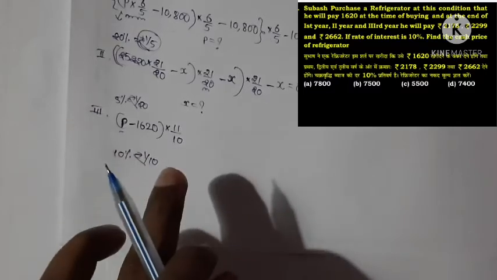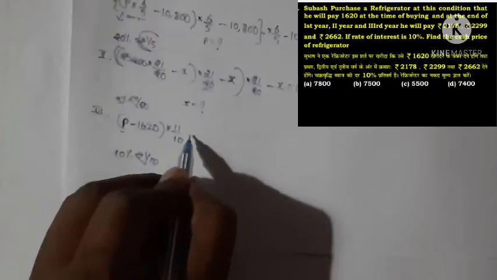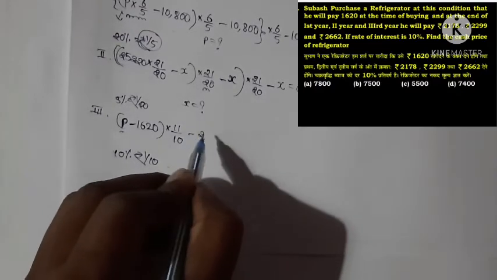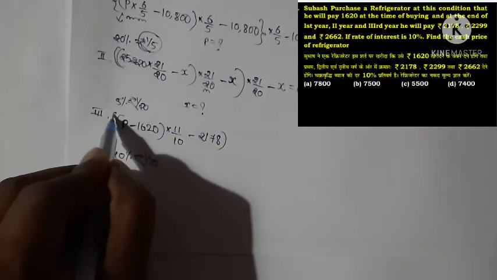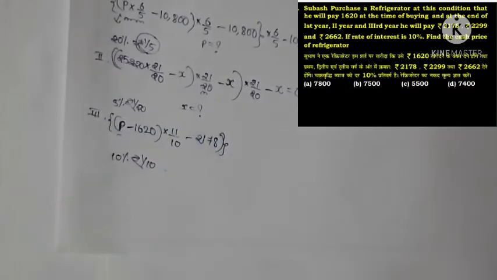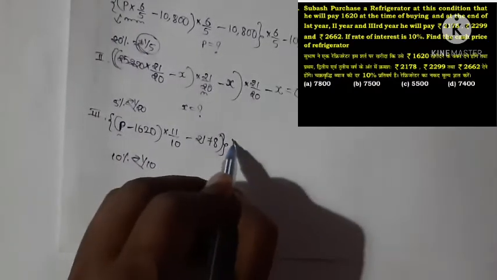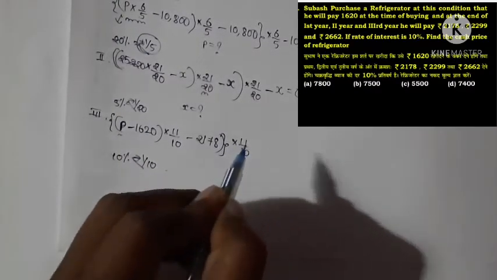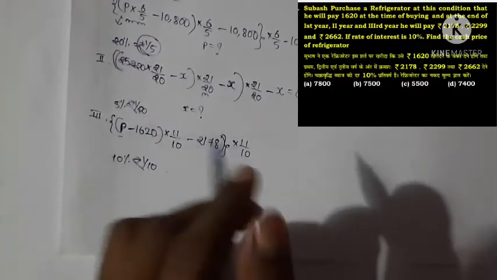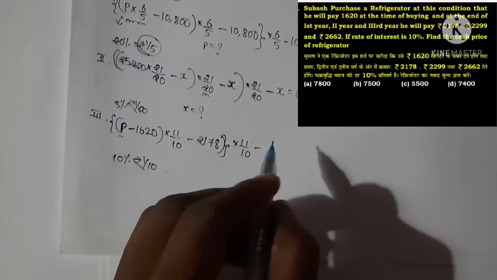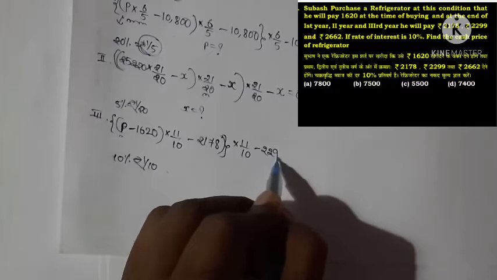At the end of the first year he will pay 2,178 rupees. Next, in the second year the rate of interest is into 11 by 10. In the second year he will pay 2299 rupees.